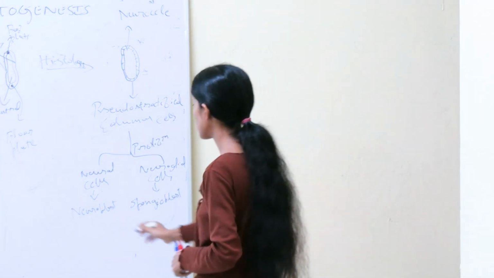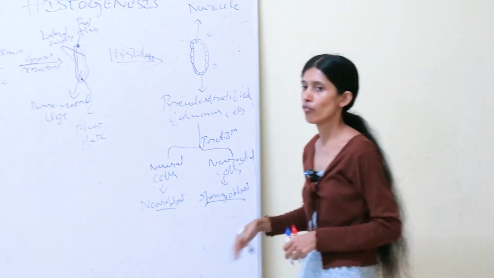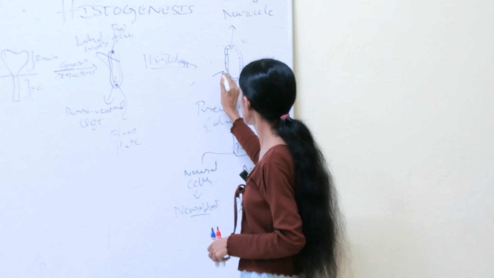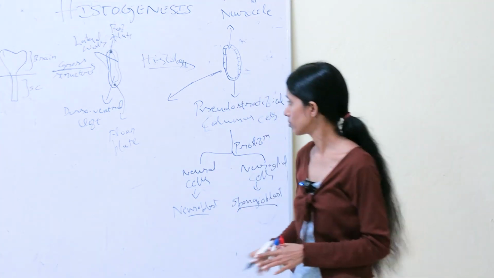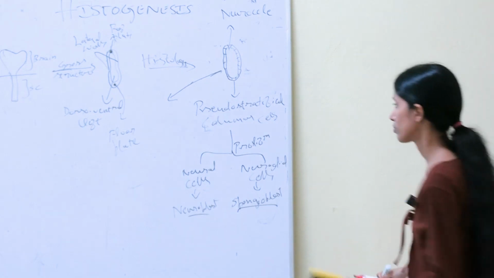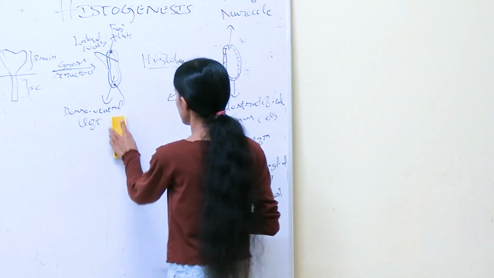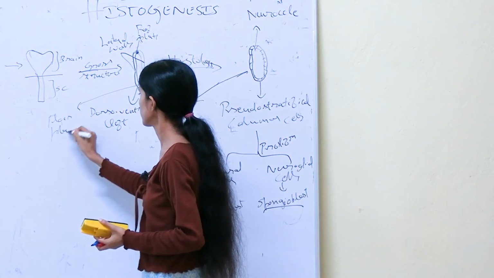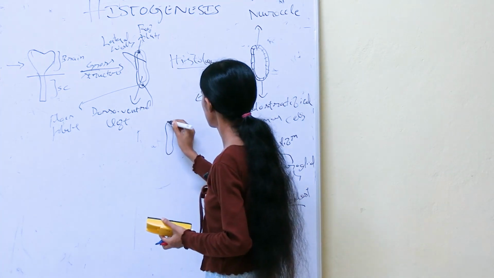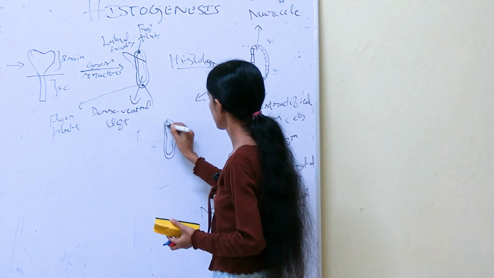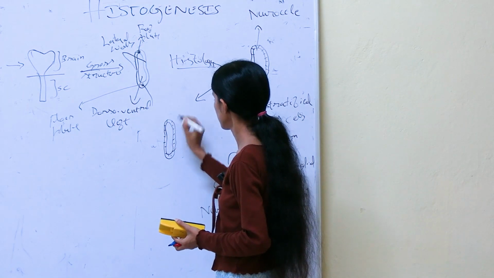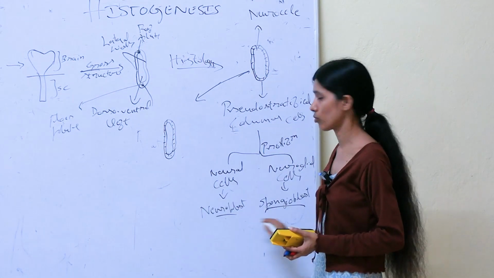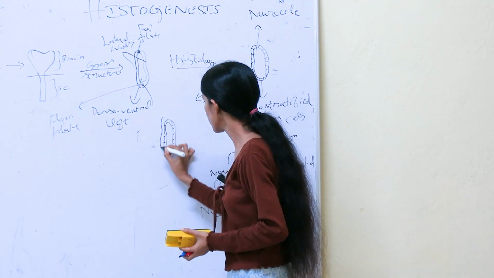Now these will form one more layer around this layer. So this is the first picture, and around this cell structure we are going to get one more layer.